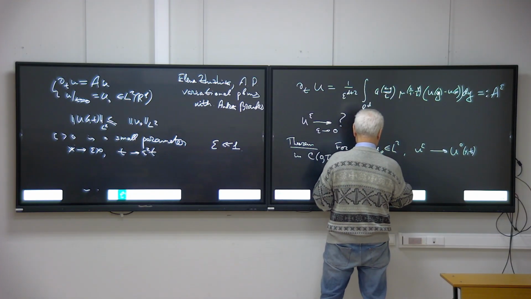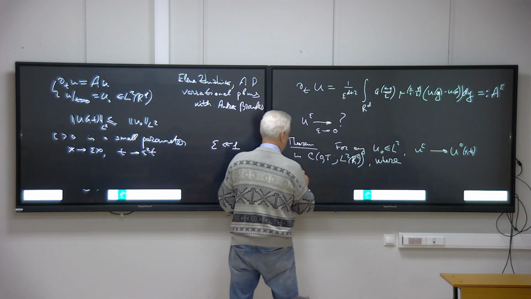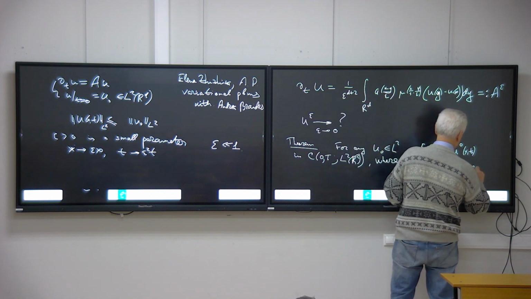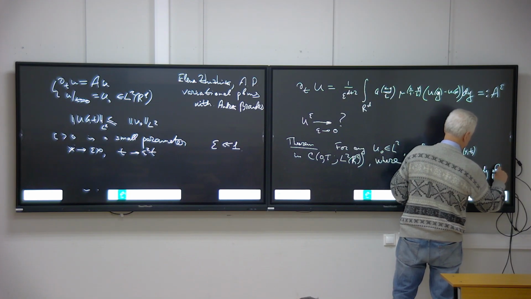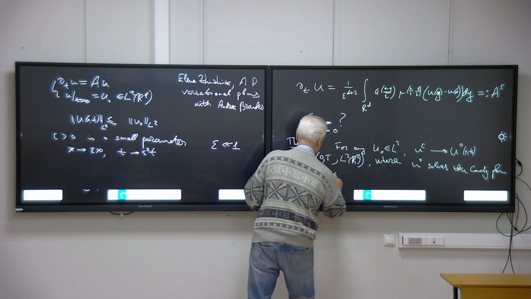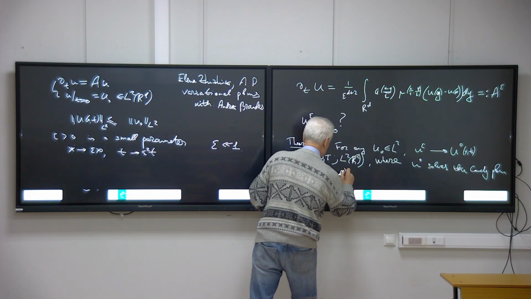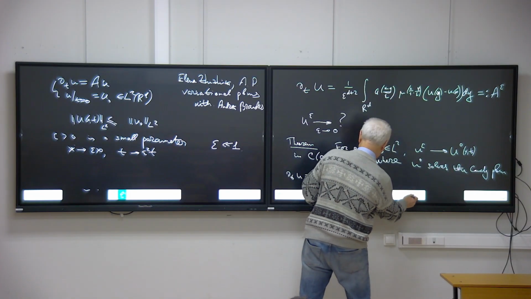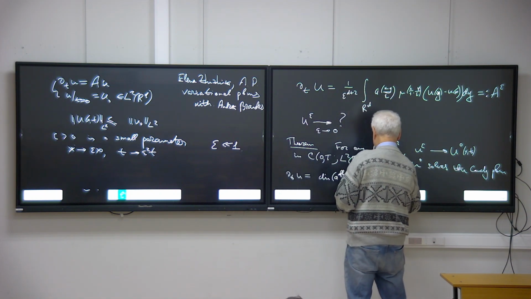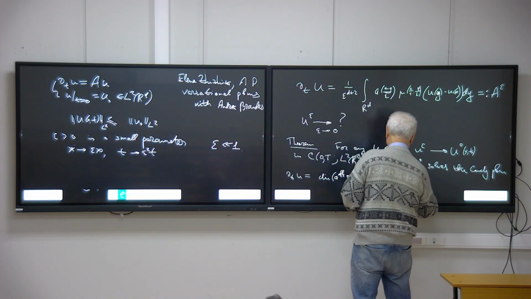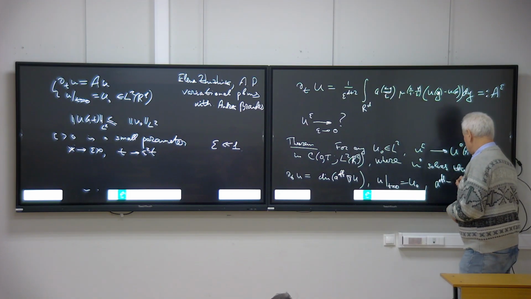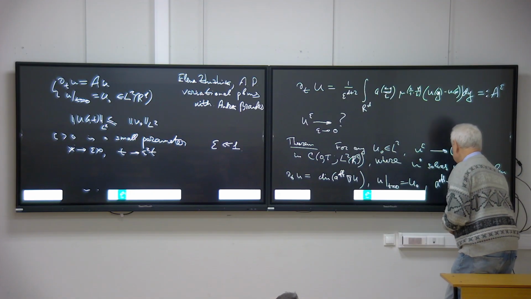And u0 is the solution of the following problem, the Cauchy problem: d_t u is equal to divergence of A effective gradient u, with u at t equal to 0 equal to u0, and A effective is a constant positive definite matrix.